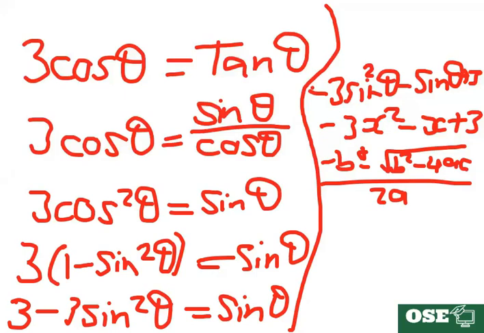Yes, that's what I got. Yes, it's the answer, but that answers for negative b minus. And then the other one is -1.1.